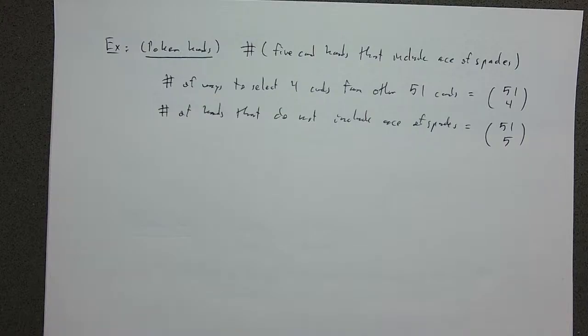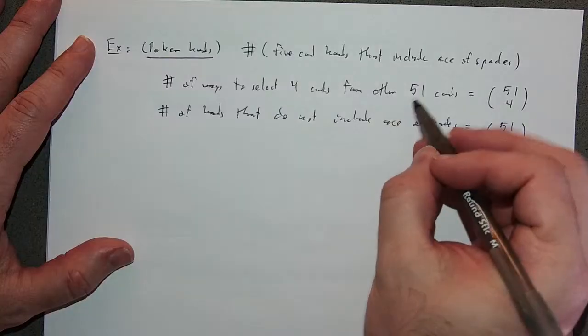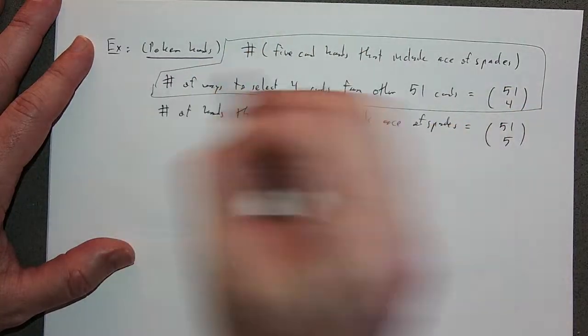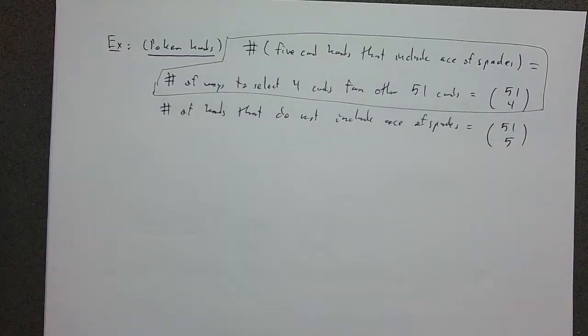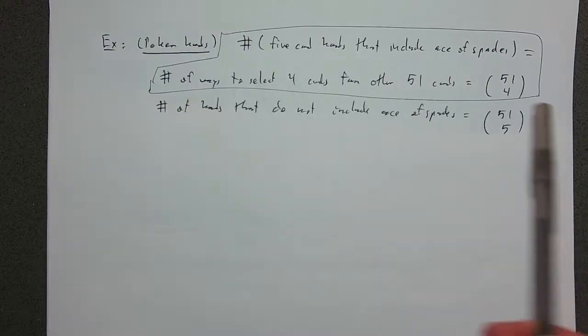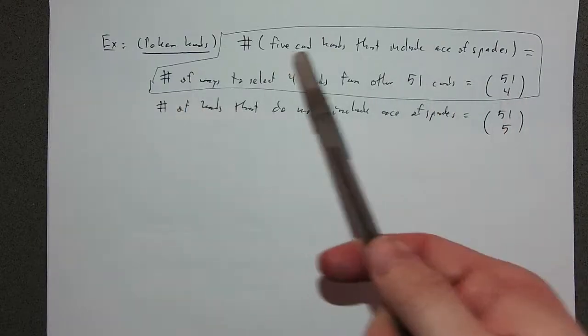Notice that the number of ways to select 4 cards from the other 51 cards is the same as the number of 5-card hands that include the ace of spades, because your one selection of the ace of spades is nailed down. There's only one option. Then for the remaining 4 cards, there are 51 choose 4 ways of doing that. So this second thing is actually equal to the first.